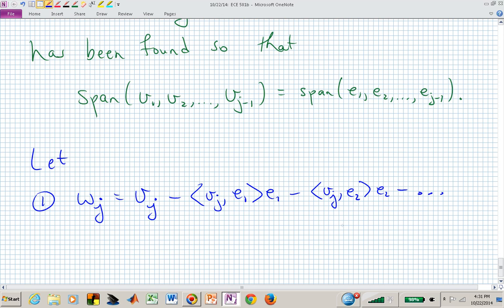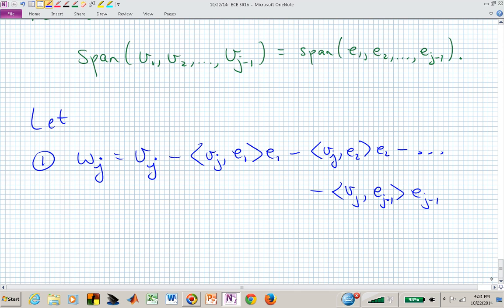And let's just keep going and remove the component of v sub j in the direction of e sub j minus 1 from v sub j.